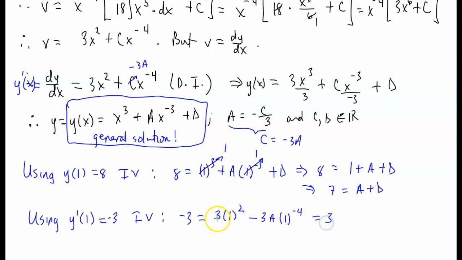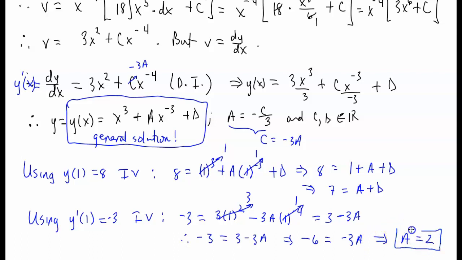All this is just 3, this is just 1, so we'll have 3 minus 3a. This tells us that minus 3 equals 3 minus 3a. If I subtract 3 from both sides, I get minus 6 is equal to minus 3a. Divide both sides by negative 3, and a will end up being 2.